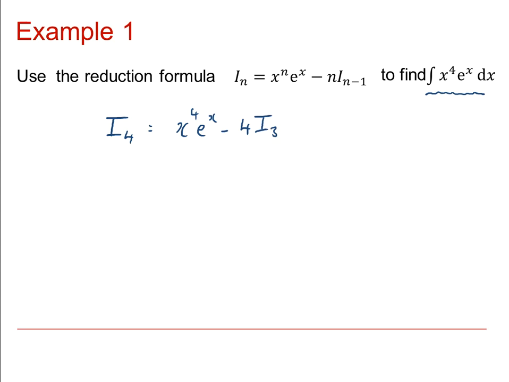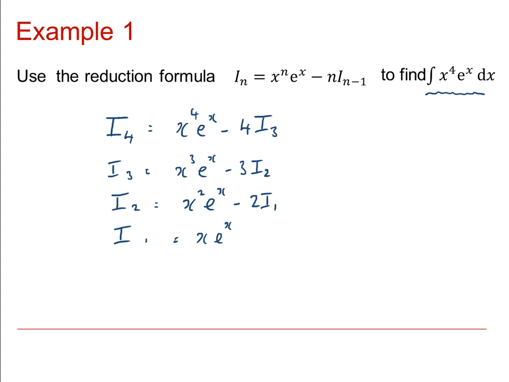But we know that I3 must therefore be equal to x cubed e to the x and then minus 3 I2, and so on. I2 must be x squared e to the x minus 2 I1, and finally I1 must be x e to the x minus I0.